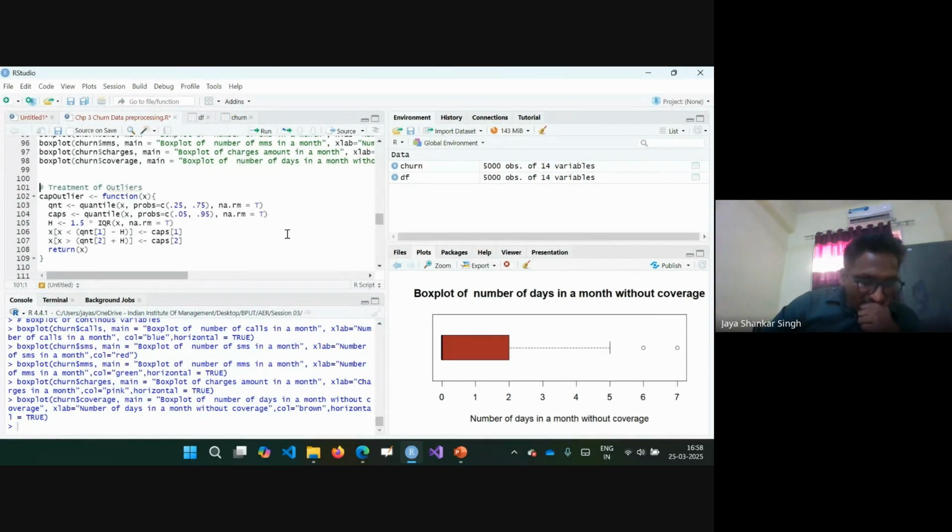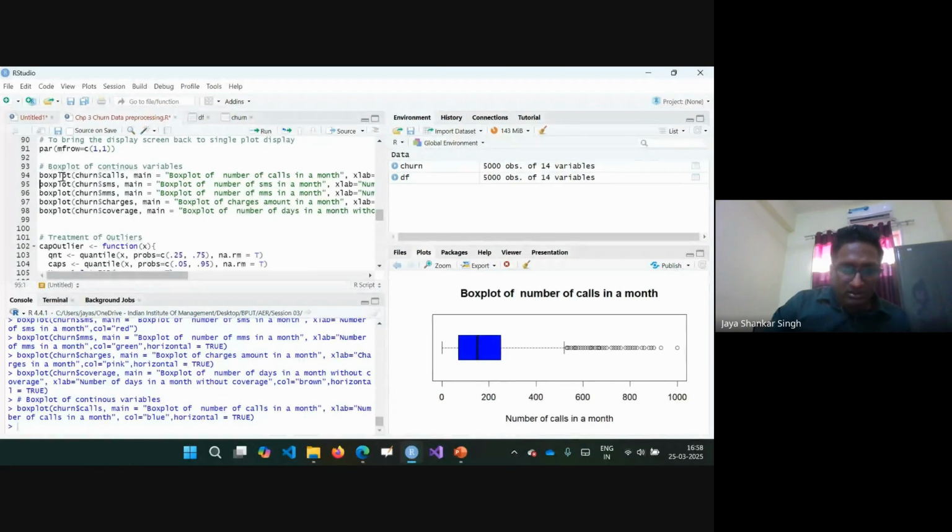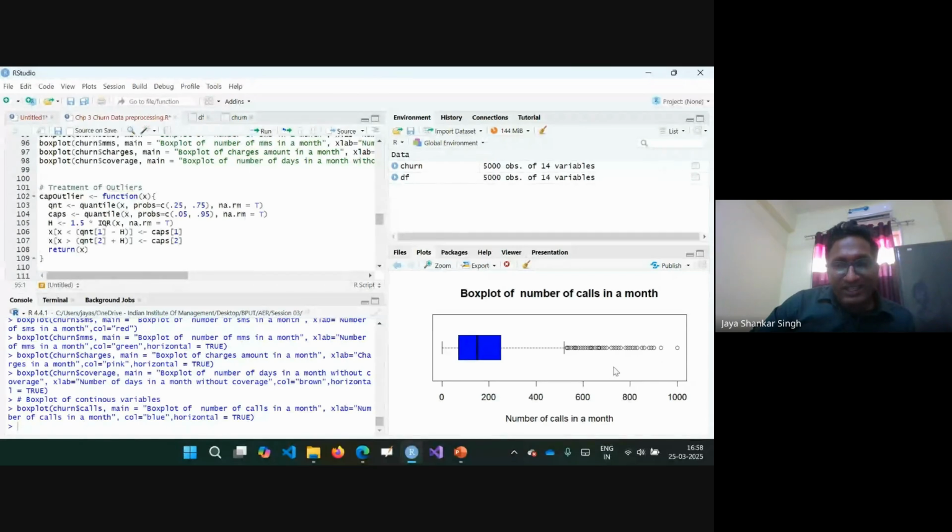Now, what do we do to handle these outliers? So what we do is, if something is beyond the third quartile, we assign the third quartile value to all those variables, those outliers.